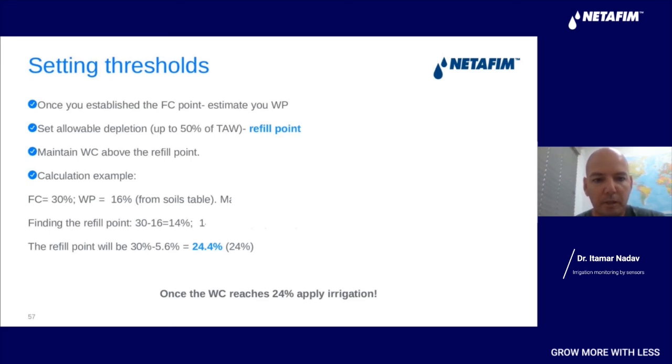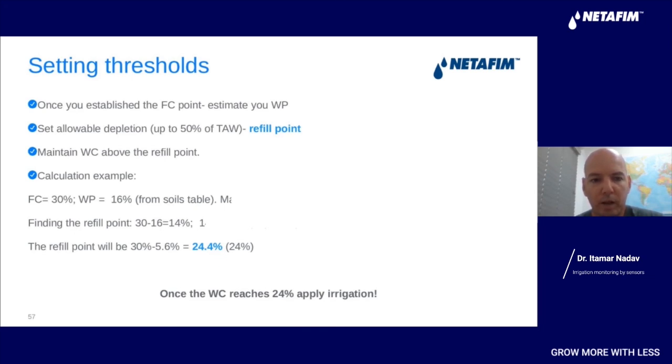So that means that I have 40% total available water. But since I don't want to come near the wilting point, I will set a threshold of 40% out of the total available water.